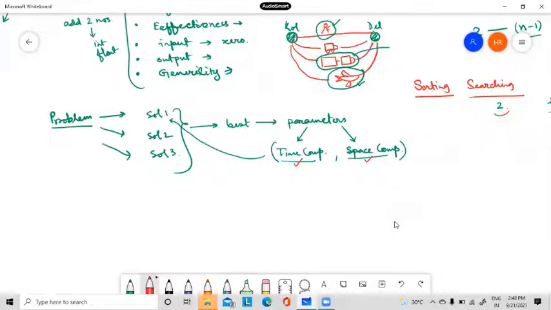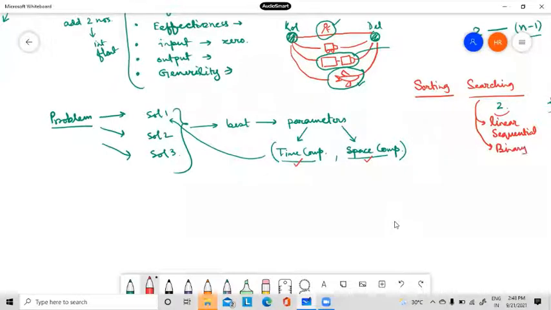And I hope you know that there are two or three different searching techniques. One is the normal searching technique, which is called linear or sometimes called sequential search. Okay, there is another searching which is less time consuming, which is called binary search.